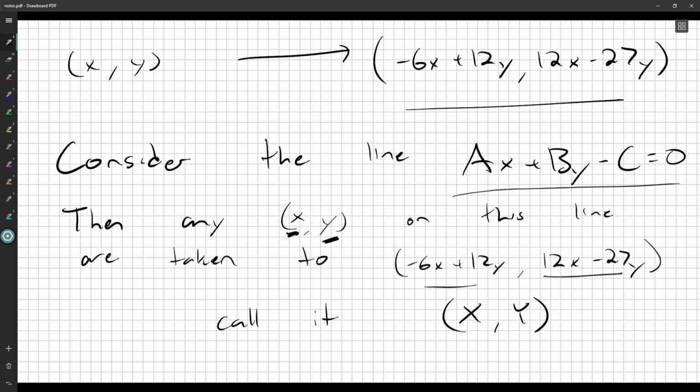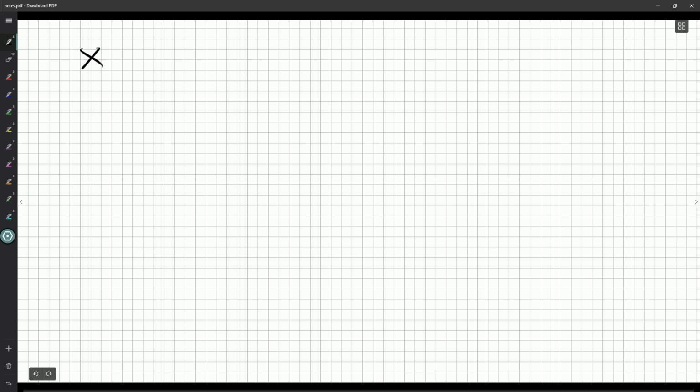So what could we do? Well, if I want x, I don't want to have any y's. So let's see, 12 has a factor of 3, 27 has a factor of 9. Let's do 9x, and we need a factor of 4, so 4y. And that'll be minus 54x, 108y, the old y, and 48x, and 108y.